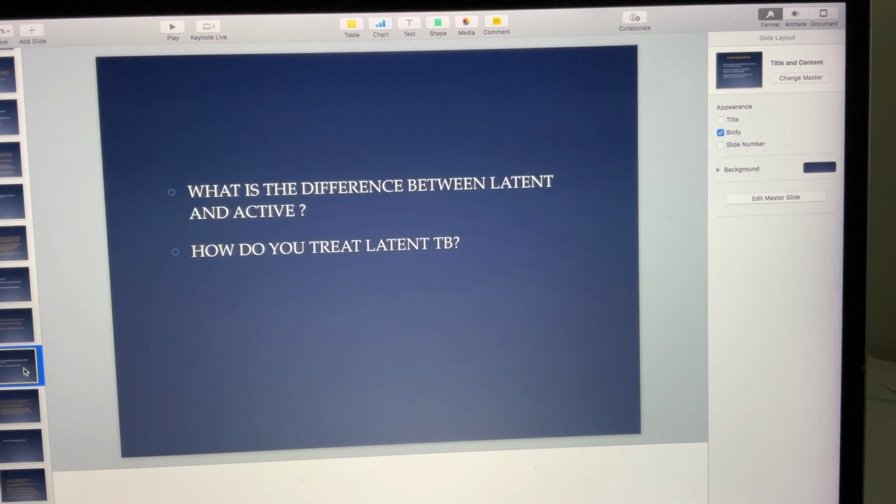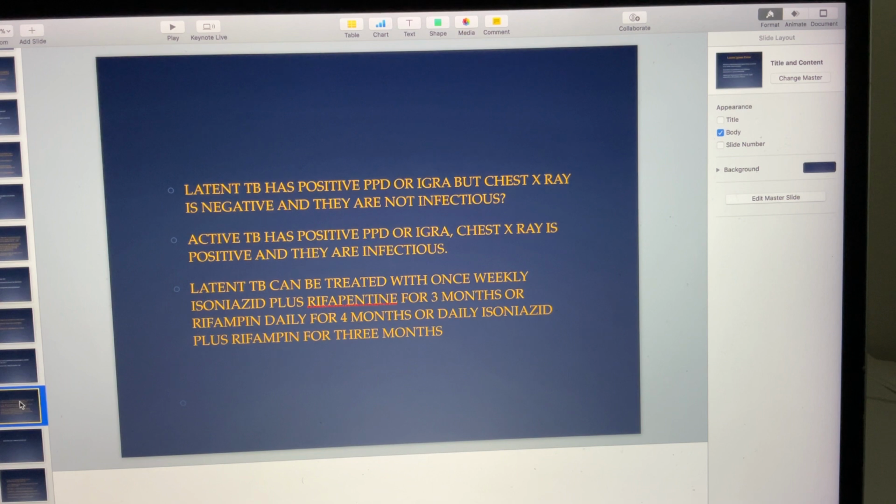Next question, what is the difference between latent and active TB? And how do you treat latent TB? Latent TB has a positive PPD or IGRA, but the chest X-ray is negative and they are not infectious. On the other hand, active TB has a positive PPD or IGRA, and the chest X-ray is positive, and these people are infectious.